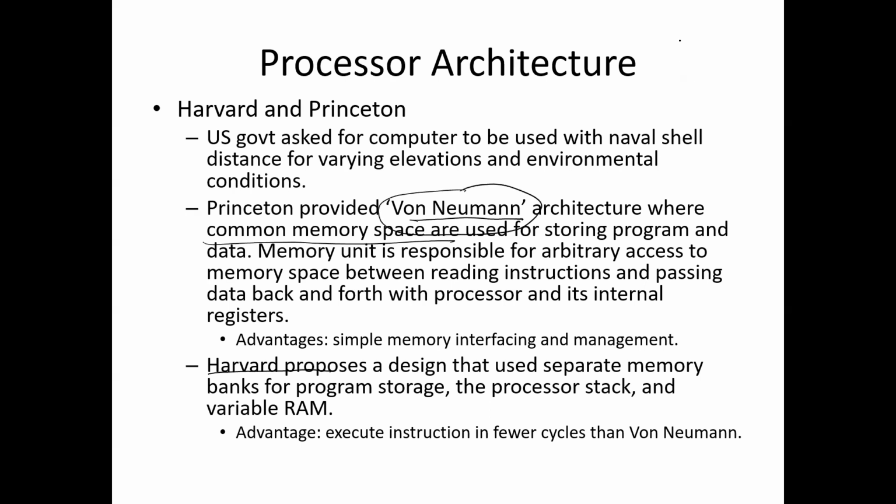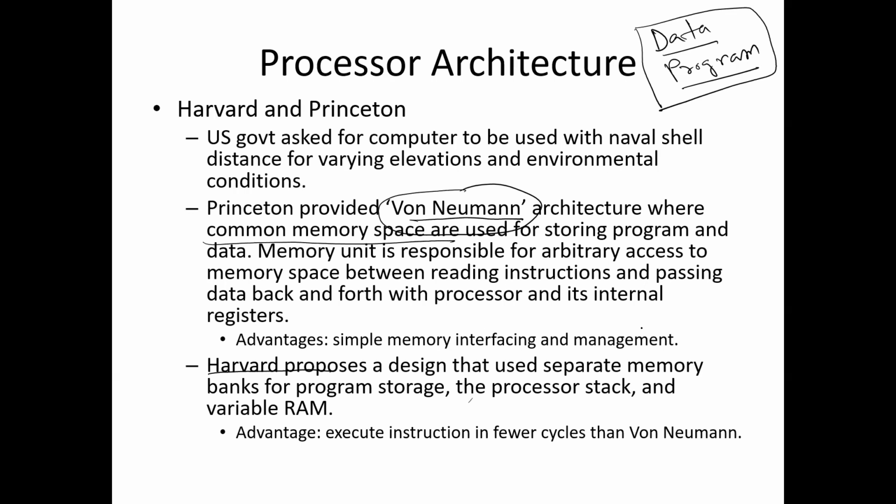There are different types of memories: maybe a data memory, maybe a program memory. In the von Neumann architecture, all memories must be occupied in one memory location, so it is called one memory architecture.